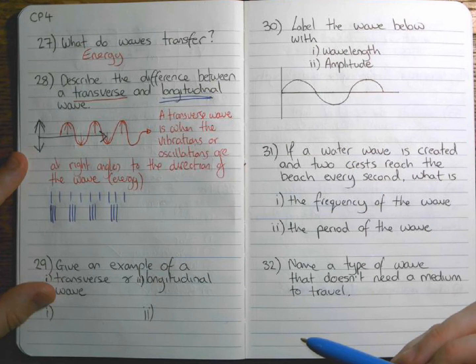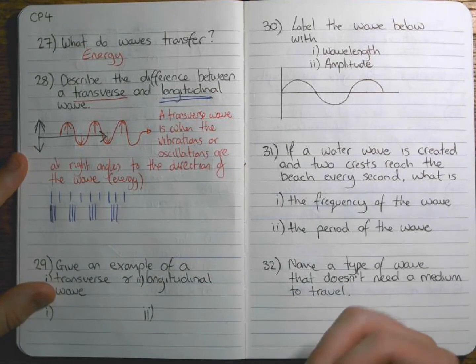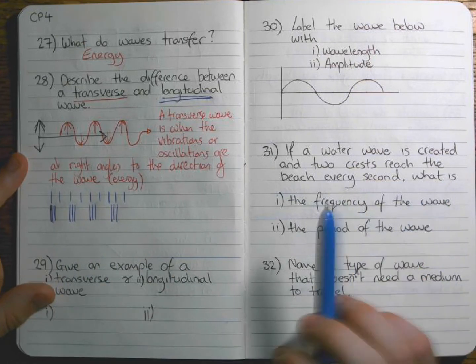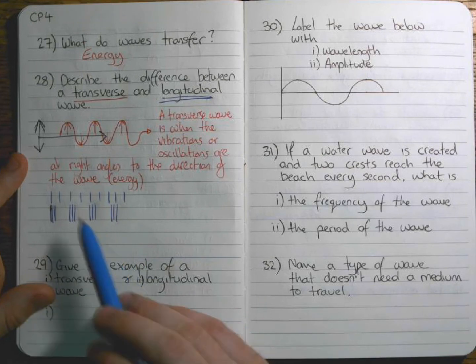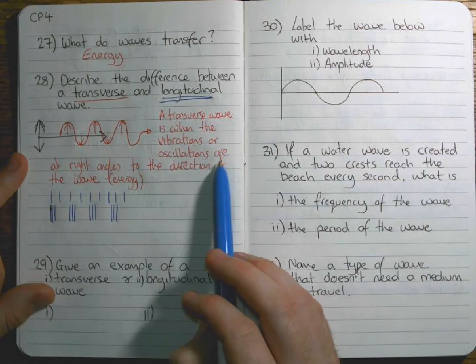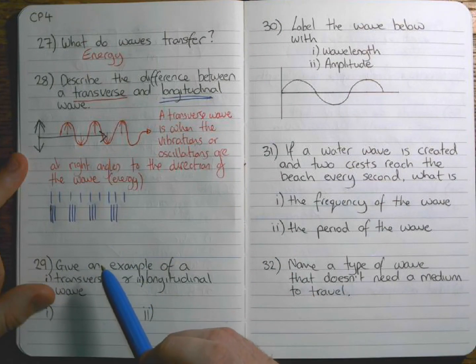Without a sound wave, the particles we're going to imagine are equally spaced, they're not touching, they're not close together. When a sound wave travels, we get vibrations or oscillations that are parallel to the direction of the wave.